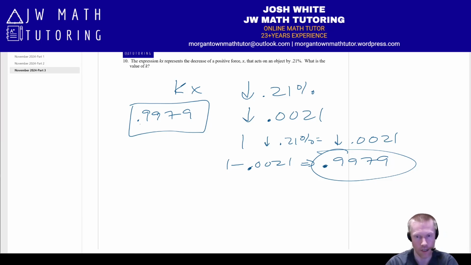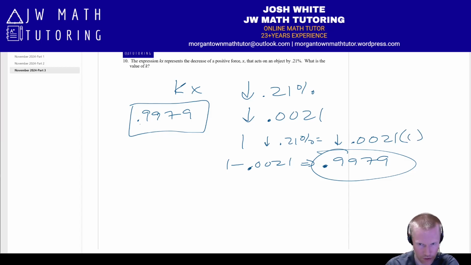If you start at any other number, the actual difference would not be 0.0021. It would be 0.0021 times the value of your original thing. So just to clarify, this 0.0021 technically needs to be multiplied by the original value, whatever it is, but because I used 1 here, that's why it doesn't change.